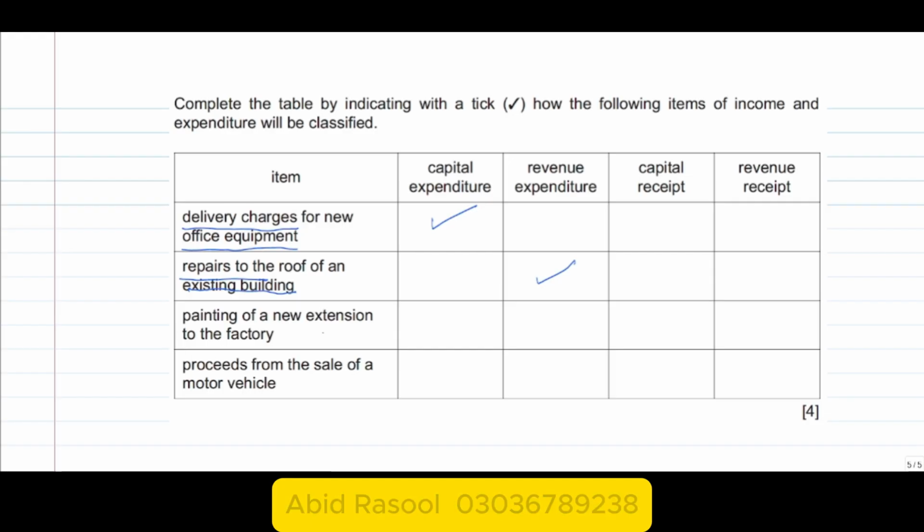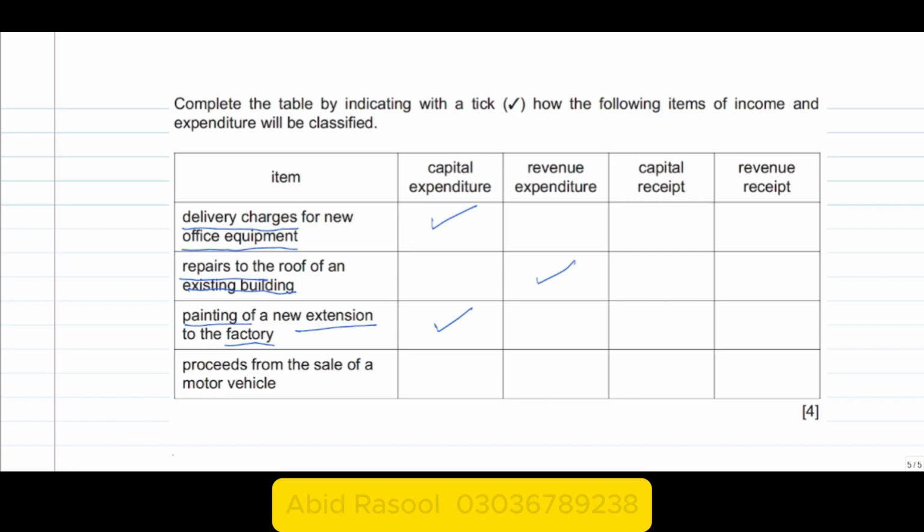We have made a new extension in our factory, a new block, and now we have to paint it. We have extended our non-current asset and on that extension we are spending some money, so it will again be a capital expenditure.